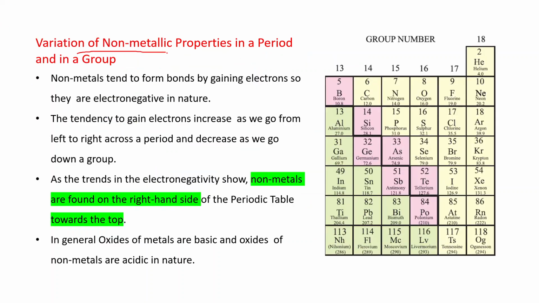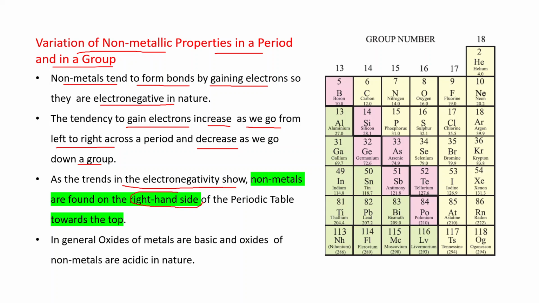Now, variation of non-metallic properties in a period and in a group. Non-metals tend to form bonds by gaining electrons, so they are electronegative in nature. The tendency to gain electrons increases as we go from left to right across a period and decreases as we go down a group. As the trends in electronegativity show, non-metals are found on the right hand side of the periodic table, towards the top.